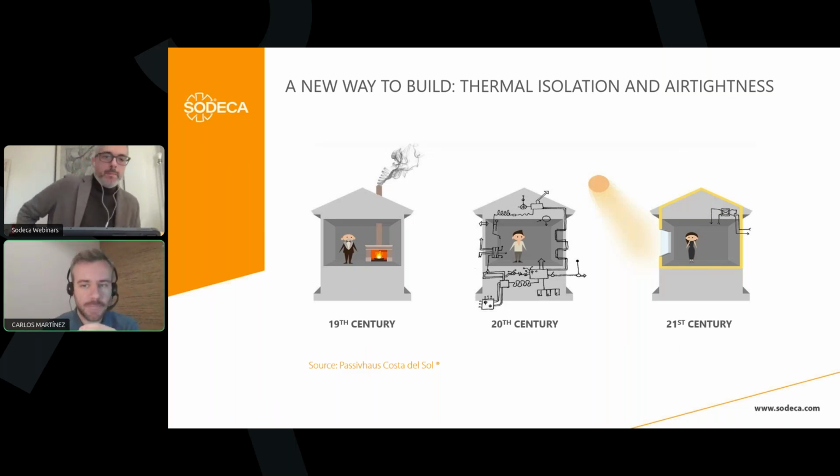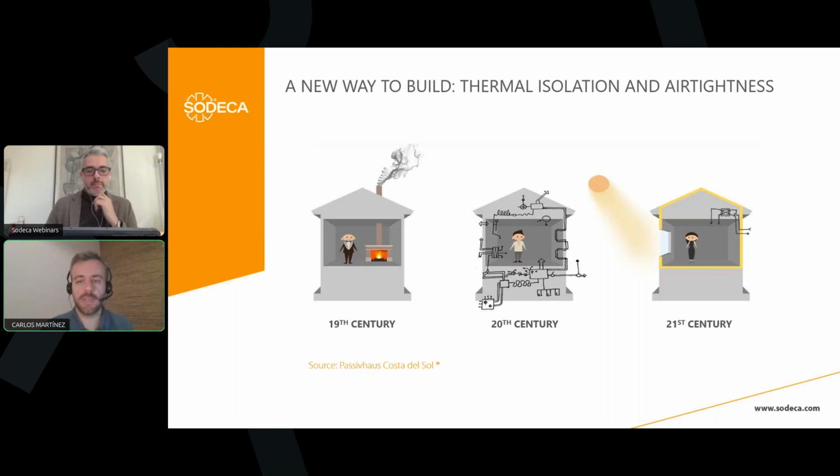Architectural trends have changed significantly over the years. For example, in the 19th century, buildings were constructed primarily to protect us from the outdoor environment, with the main objective of being warm and safe inside our houses.